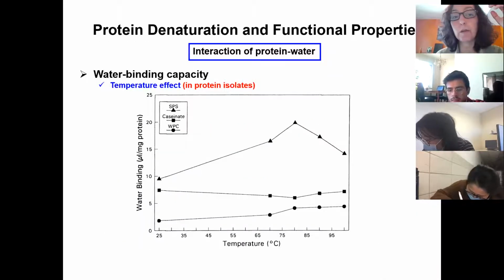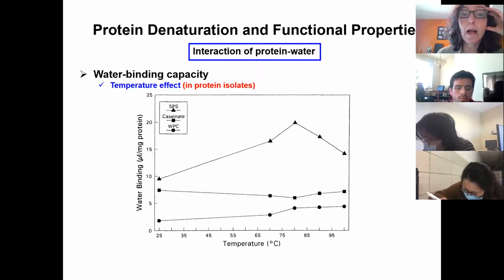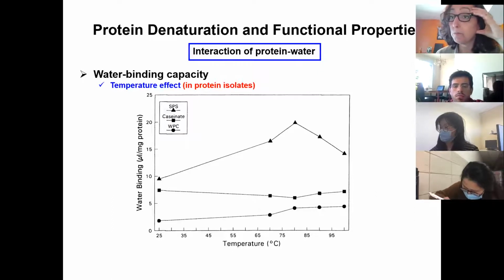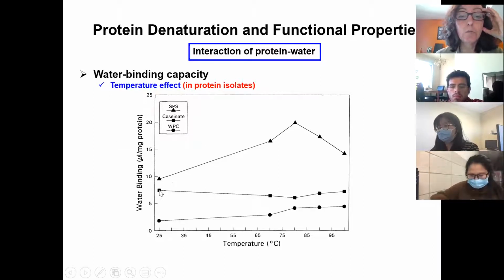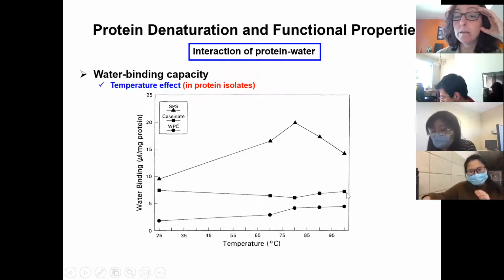Here are some illustrations of the temperature effect and how it varies between different types of proteins. And I'll explain why it varies. If you look at caseinates, no matter how you increase the temperature, up to 100 degrees here potentially, you don't see a change.